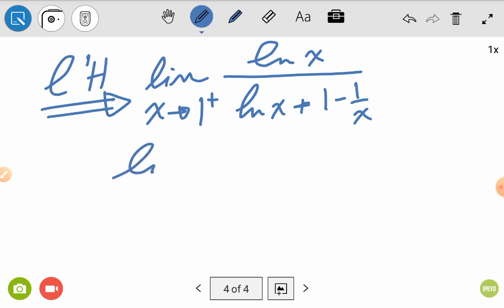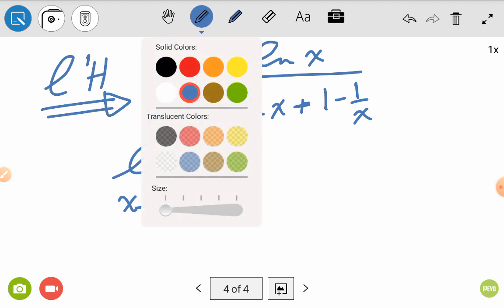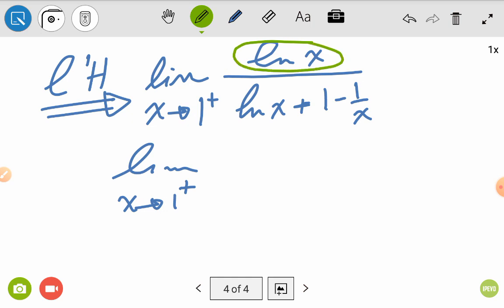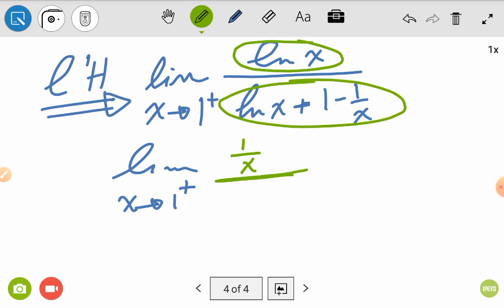What's the answer? It will be the limit as x approaches 1 from the right side of the derivative of ln x, and what's the derivative of ln x? It's 1/x, over the derivative of the denominator. The derivative of the first ln x will be 1/x, and then the derivative of this one is 0.